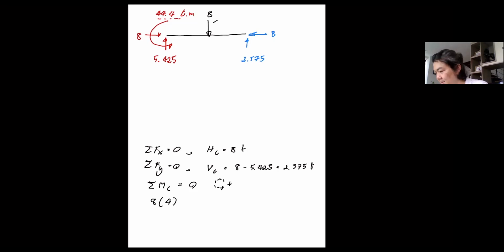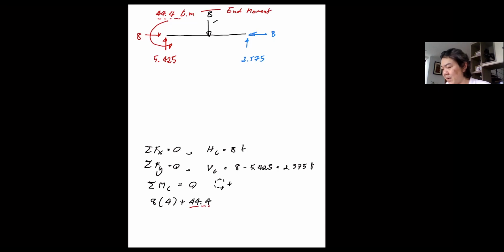Take moment at C, the distance is 4, plus the moment itself, 44.4 ton meter, which is the end moment. Okay, you can say this is the end moment because it's the moment at the end of your member. And this is what we call end moment. Okay, include that. This is your end moment.